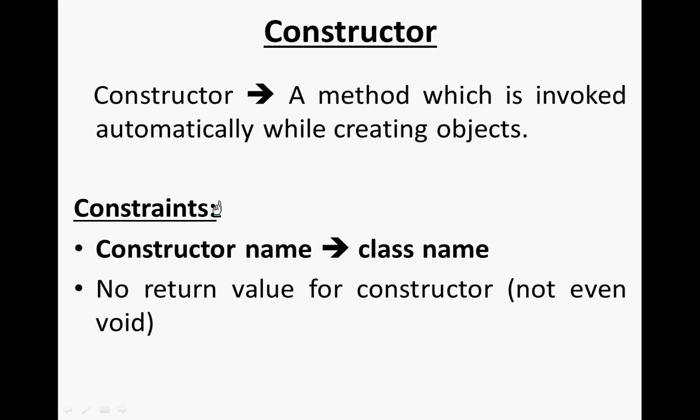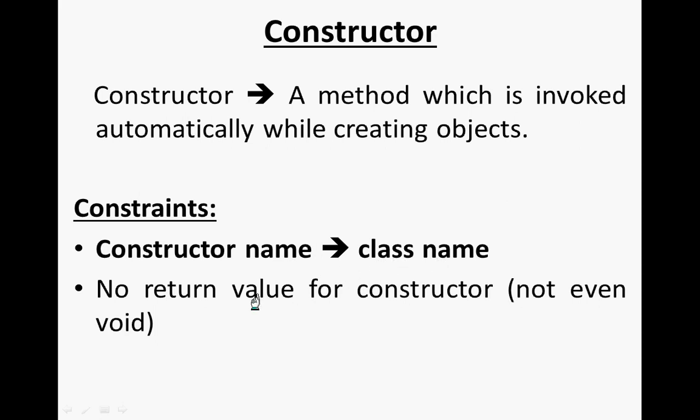So what are all the constraints? Whenever we are giving a name for the constructor, that name should be same as class name. We can't give some other names. So the name of constructor should be same as what? Yes, the class name.